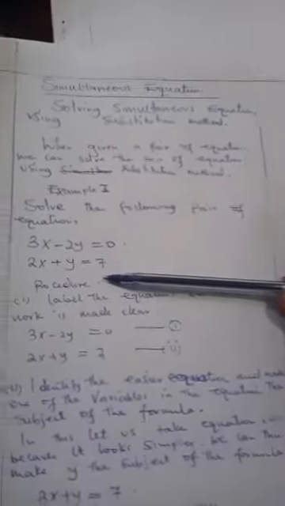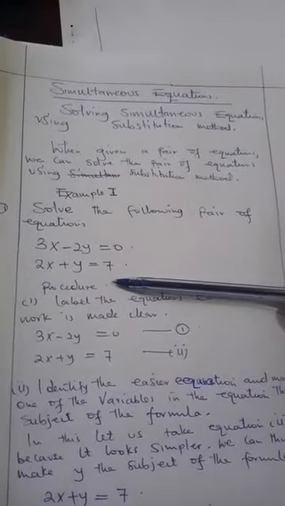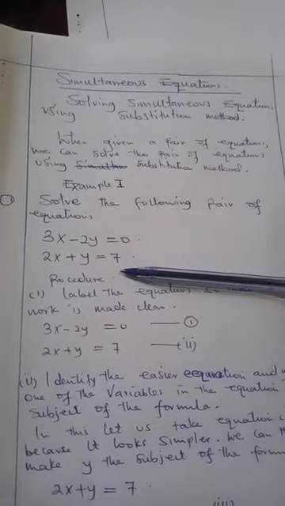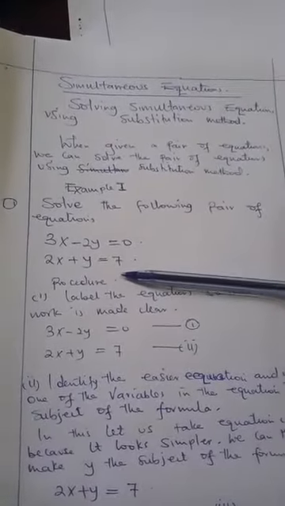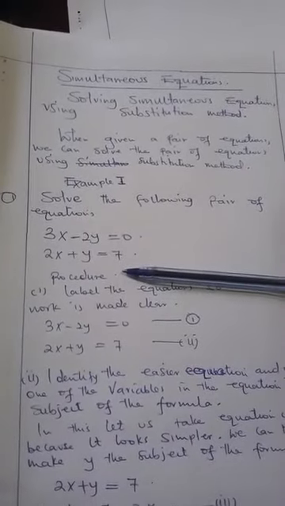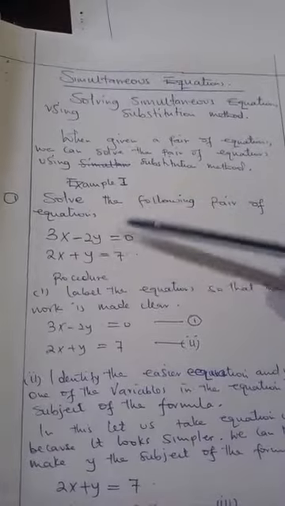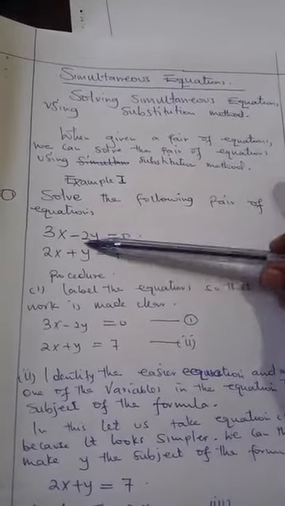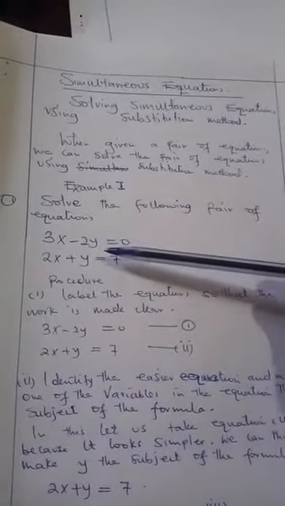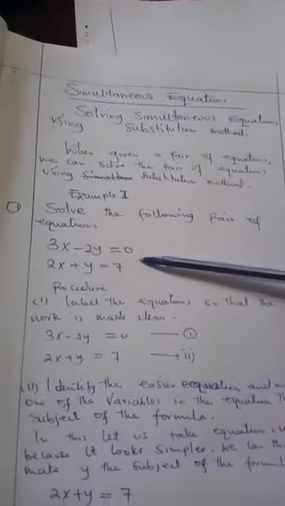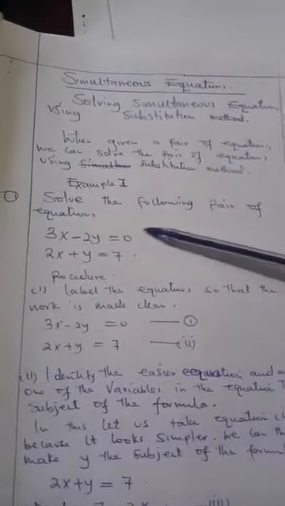Now, one of the methods we talked about is the substitution method. I remember giving a few examples, one or two, about them, and I intend to give more examples in this session. So basically, these examples are about the substitution method. We also talked about other methods like the elimination method. They will come maybe in the next sessions.